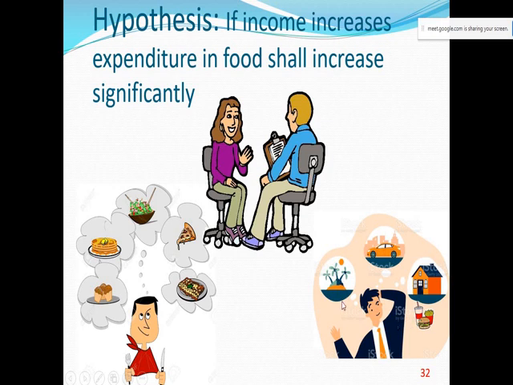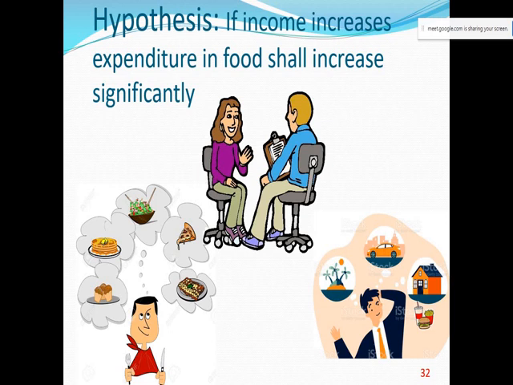But they are thinking about going for holidays. They are thinking about purchasing a new car. They are thinking about purchasing a new home. That means with the increase in salary, the expenditure will be more on luxurious items.